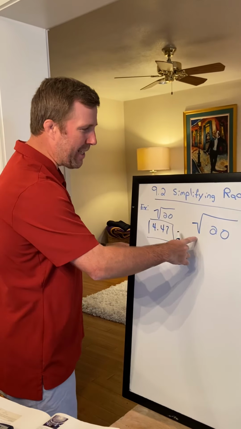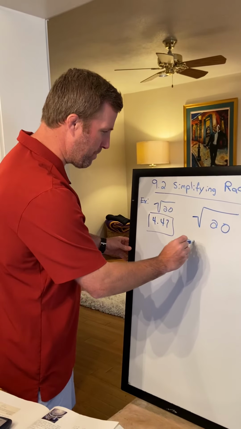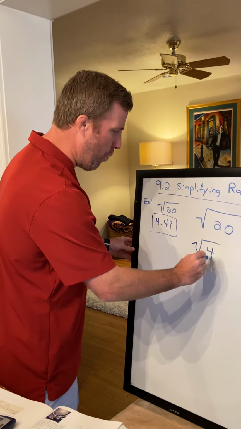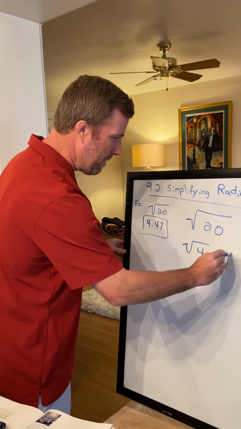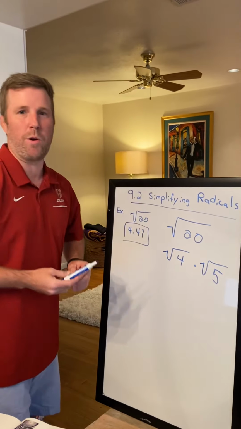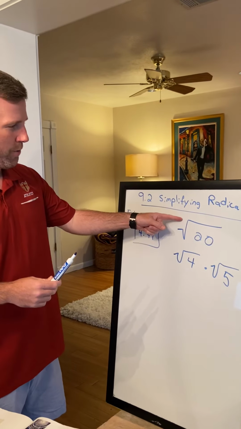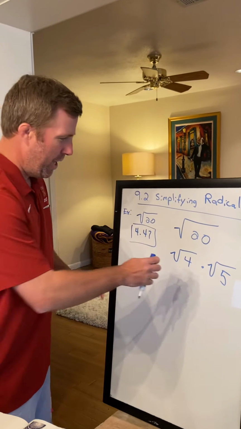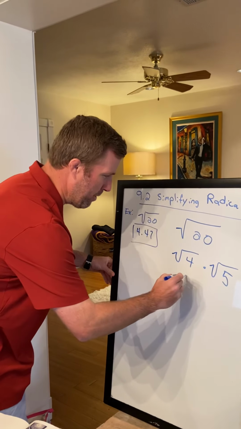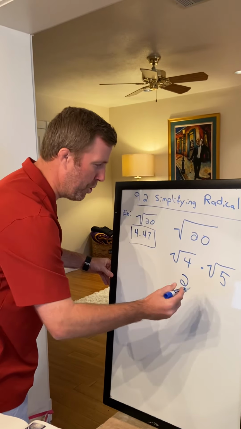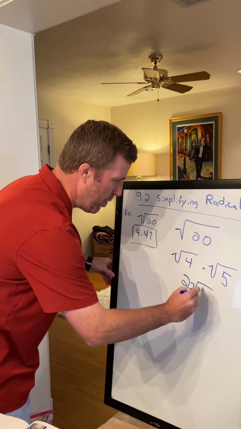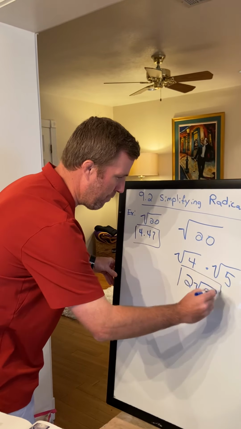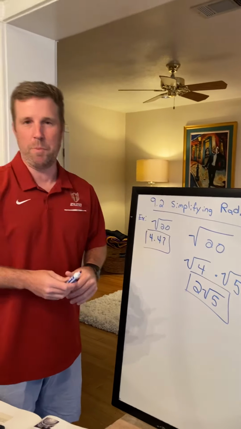So we can break this square root of 20 down into the square root of 4 times the square root of 5. The square root of 4 is a perfect square, so I take the square root of 4, which is 2. So 2 times the square root of 5 is my simplified answer.